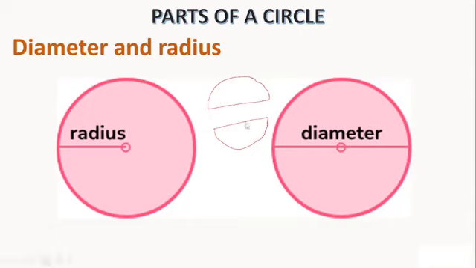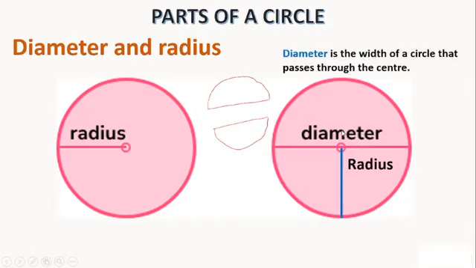On the other hand, if you draw a line from the center of the circle and touch the circumference, this line will be called the radius of the circle. So the diameter is 2 times the radius, and the diameter cuts the circle into two equal parts, forming the semicircle.